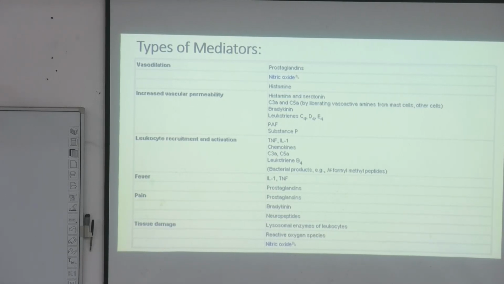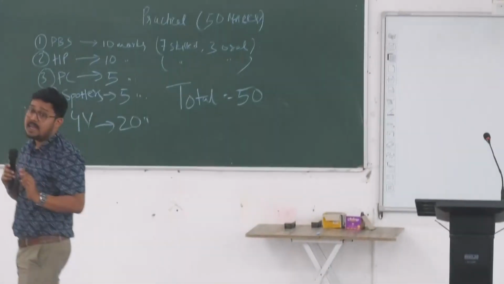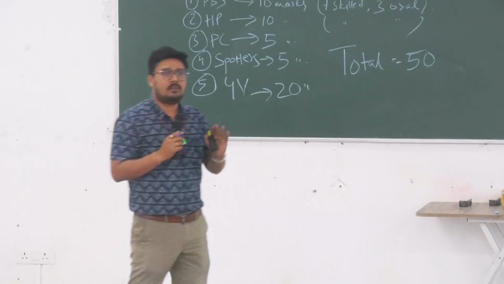Those have therapeutic effects in our body, like in acute myocardial infarction or acute hypertensive emergency. In these cases, nitric oxide is used as a therapeutic agent because nitric oxide is a very potent and ultra short acting vasodilator.